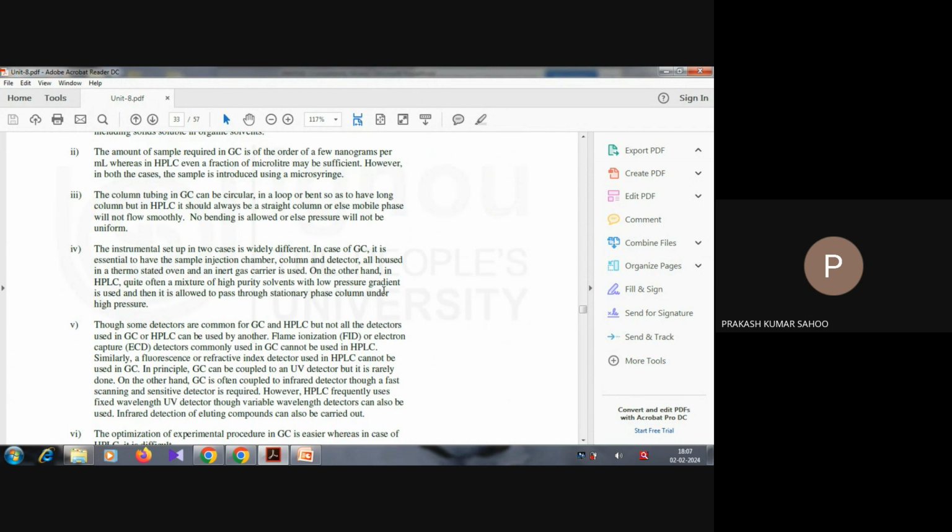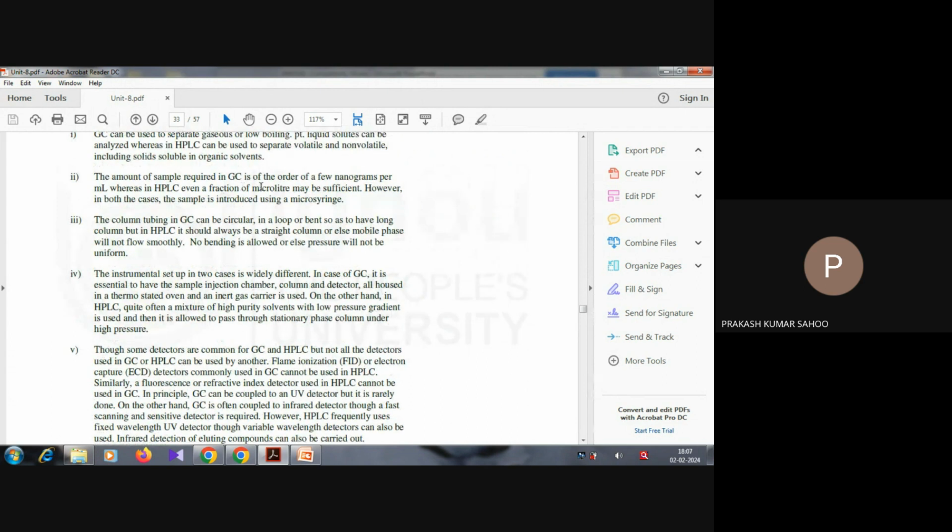The amount of sample required in gas chromatography is of the order of a few nanograms per milliliter, whereas for HPLC it is microliters. Even a fraction of a microliter may be sufficient. In both cases, the sample is introduced using a micro syringe.